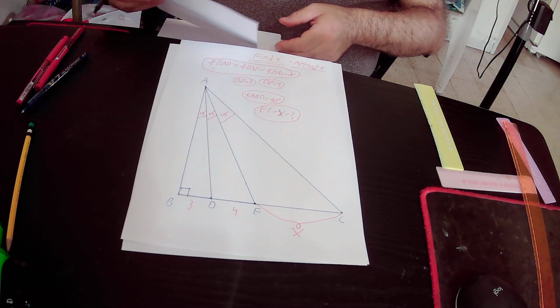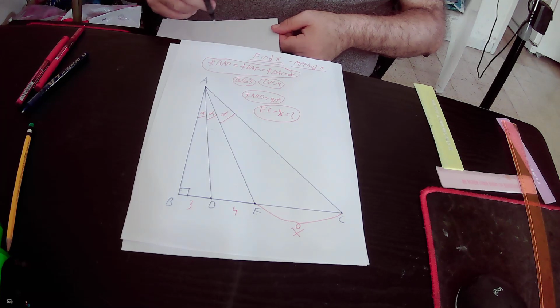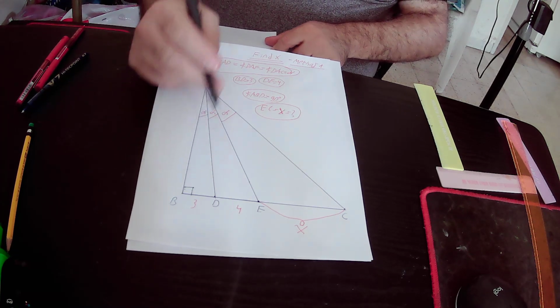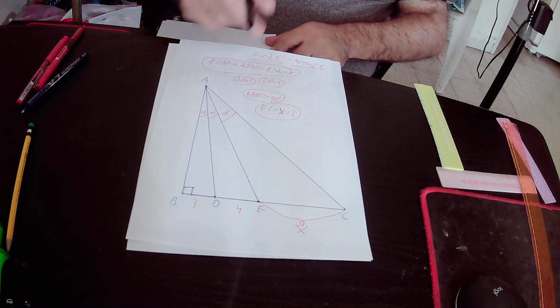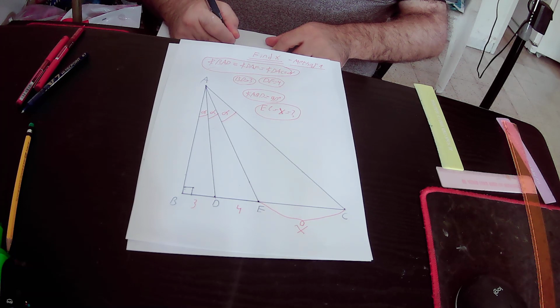And we know that BD equals 3 units, so we substitute BD by 3, and DE equals 4 units.